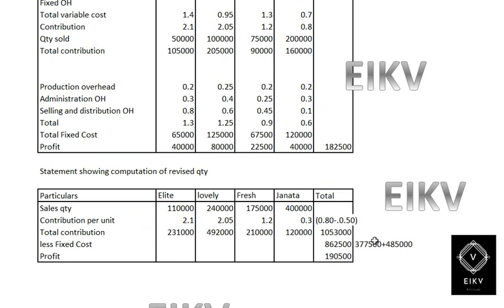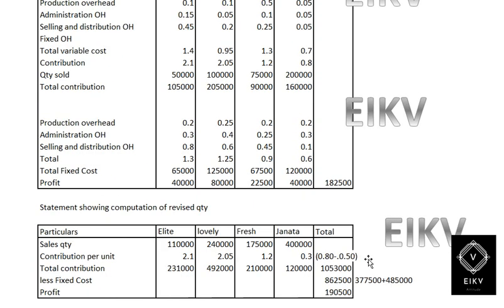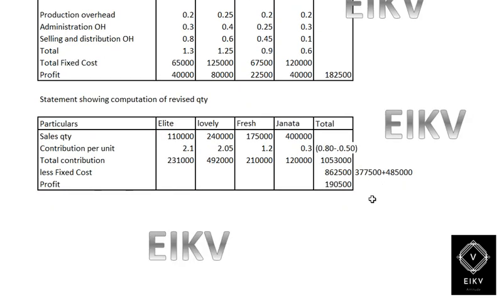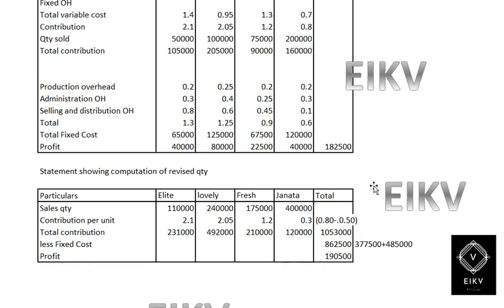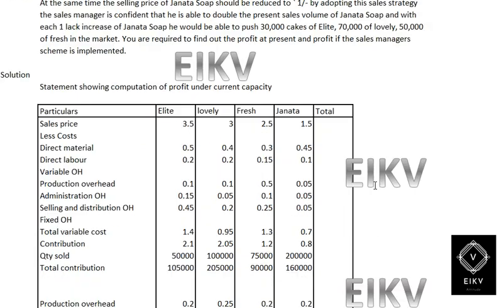When we add both, we get the total fixed cost as 8,62,500, and when we deduct this from the total contribution of 10,53,000, we will get the profit of 1,90,500. So there will be an increase in profit of 8,000, right? Yes. Therefore we can go ahead with such changes mentioned by the sales manager.